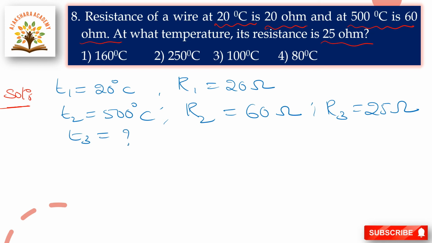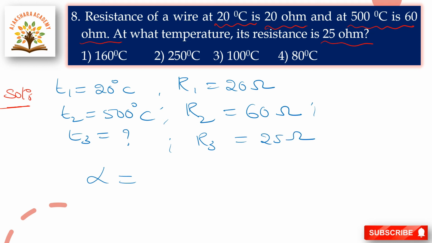So alpha is equal to, here R3 is equal to 25 ohms. Alpha is equal to (R2 minus R1) by (R1 T2 minus R2 T1).